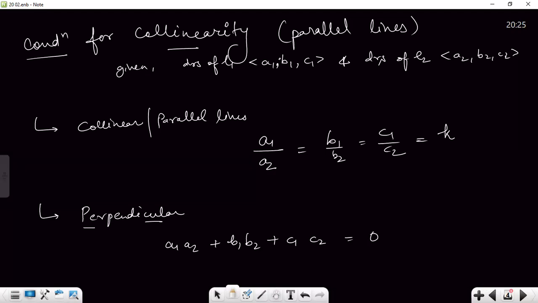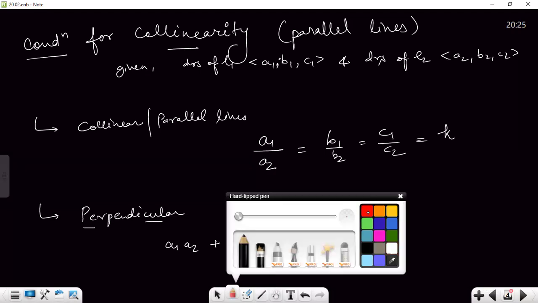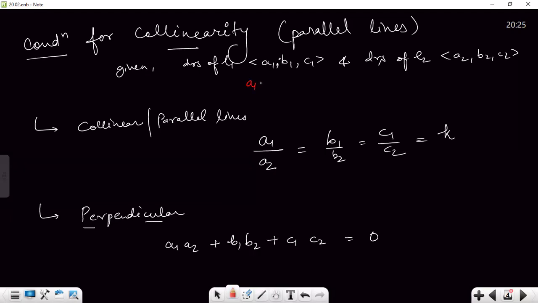Let me explain this using vectors. So if line 1 is A1, B1, C1, the vector for line 1 is A1 i cap plus B1 j cap plus C1 k cap. Line 2's vector is A2 i cap plus B2 j cap plus C2 k cap.